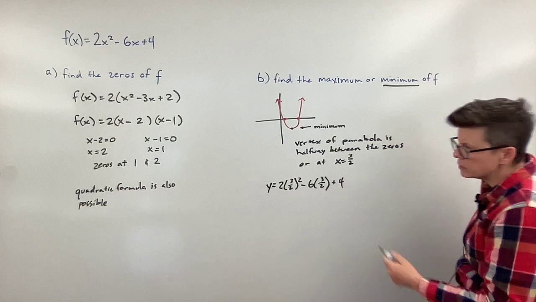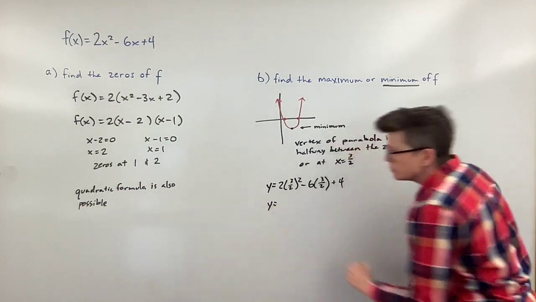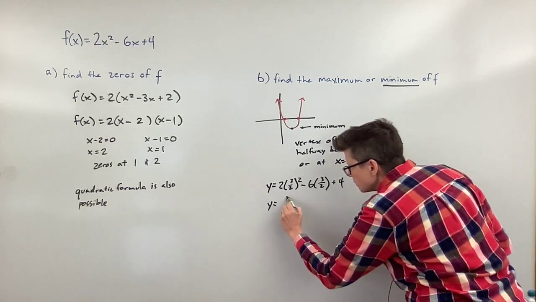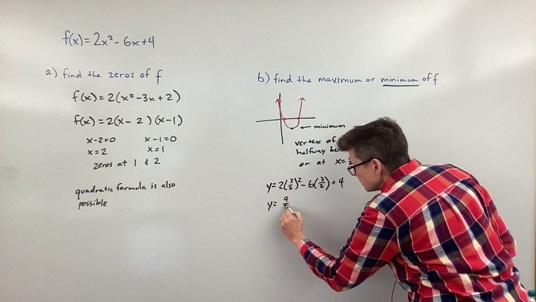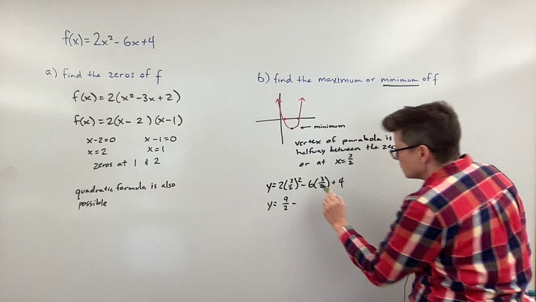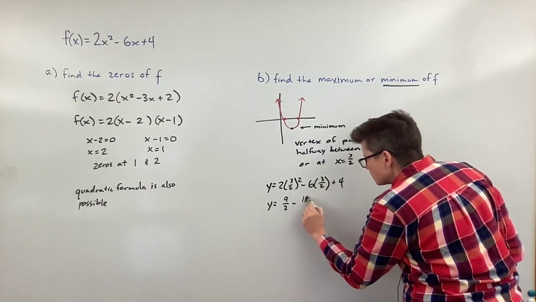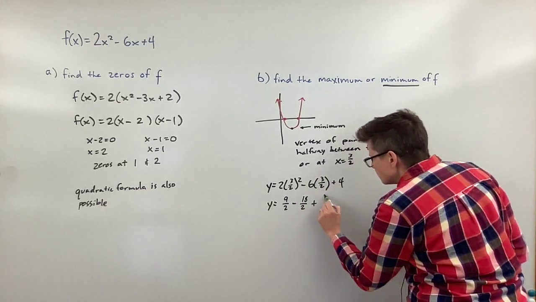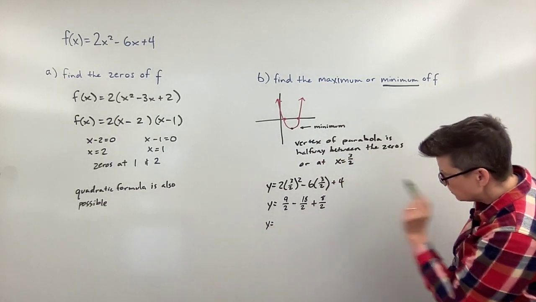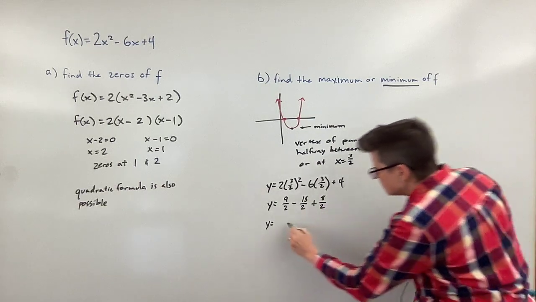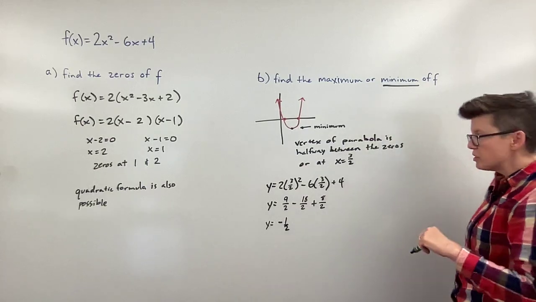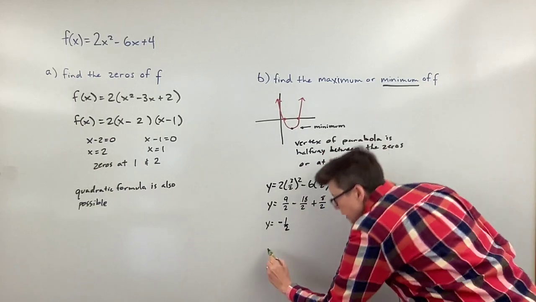Okay, next step, let's continue solving. This means that the minimum of this function is at the coordinate 3/2, -1/2.